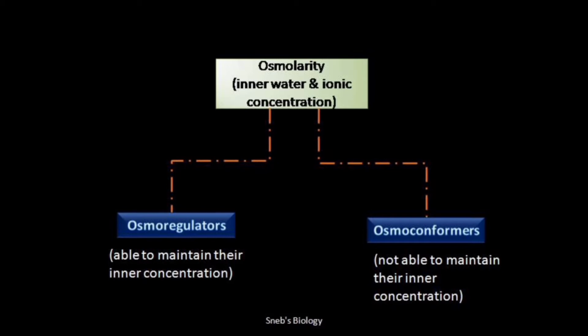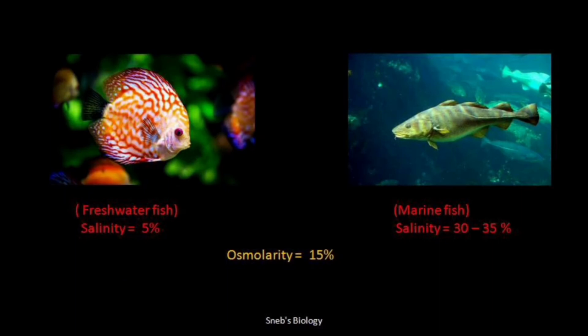Okay, we will first take up the example of osmoregulators and osmoconformers. To understand this, let us take a situation. If there is a fish found in fresh water and another fish found in the ocean, what are the conditions? In fresh water, salt concentration is very less. We said that here the salt concentration is normally 5%, and in the sea, salt concentration is normally 30 to 35%.